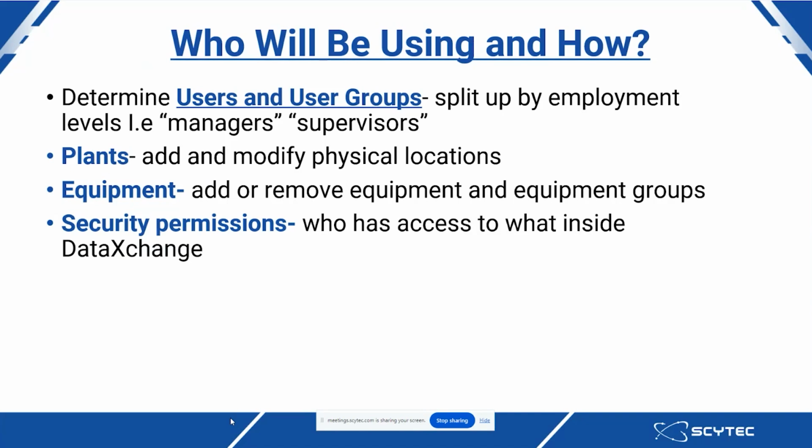You can split up data exchange users into user groups, typically by employment level, such as managers, supervisors, operators, machinists, etc. You can also split data exchange into different plant usage, where you can add and modify different physical locations inside the exchange so that employees at different locations will be able to access different things, and even different equipment groupings as well. We also offer security permissions to control who has access to what inside of data exchange based on their employment level.